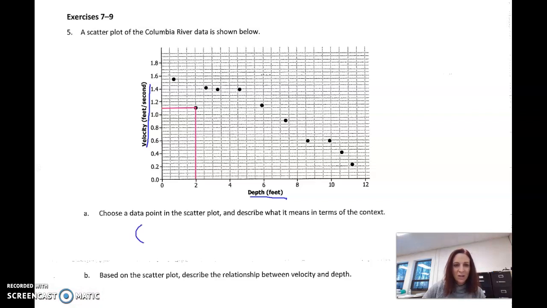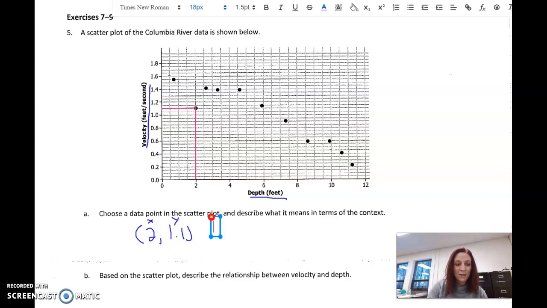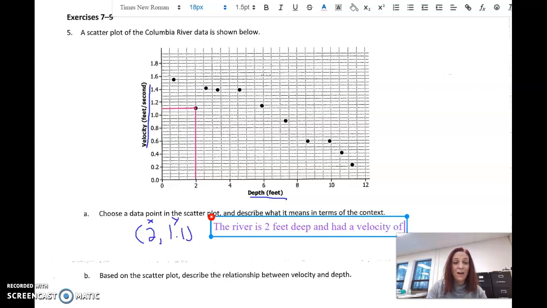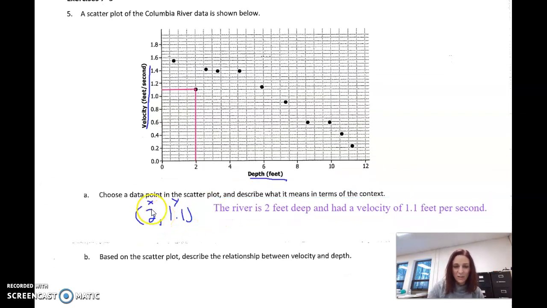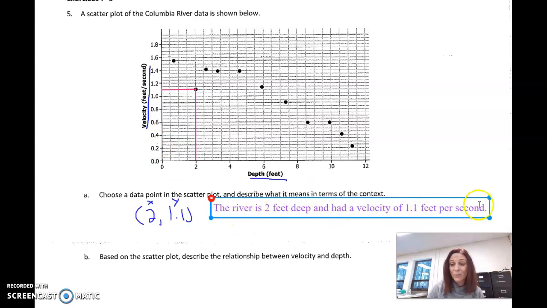I'm going to say this is 2, that's our x coordinate, and 1.1, which is our y coordinate. What does it mean? Let's do this so I don't mess it up again. The river is 2 feet deep, that's its depth, and had a velocity of 1.1 feet per second. And where does that come from? Well, the 2 here is our x value, it's a depth, and our y value is velocity, so that's where the 2 feet deep and a velocity of 1.1 feet per second come from.